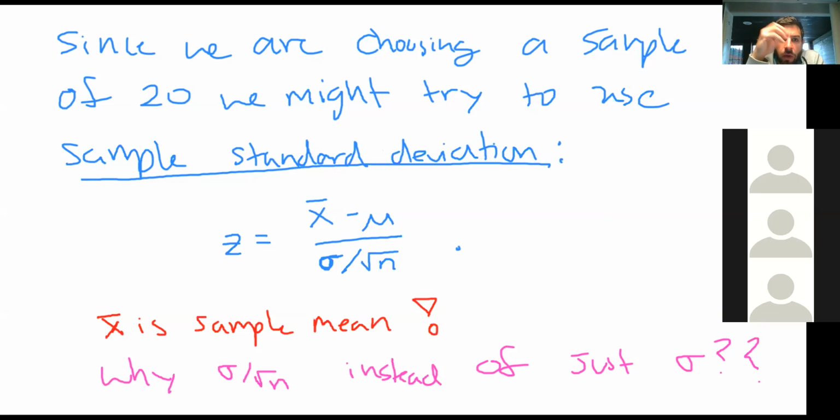The other had the square root of blah, blah, blah divided by n minus 1. Does anybody have a question, comment?